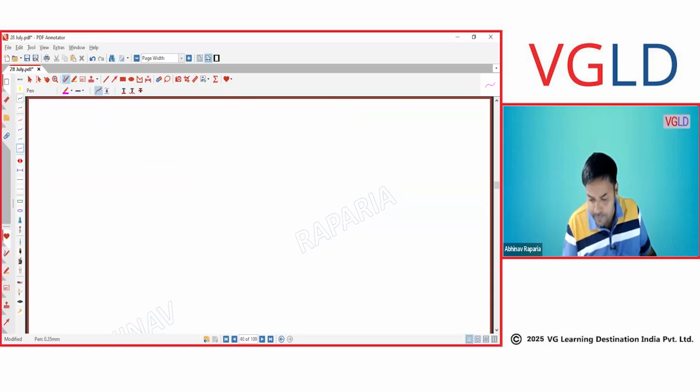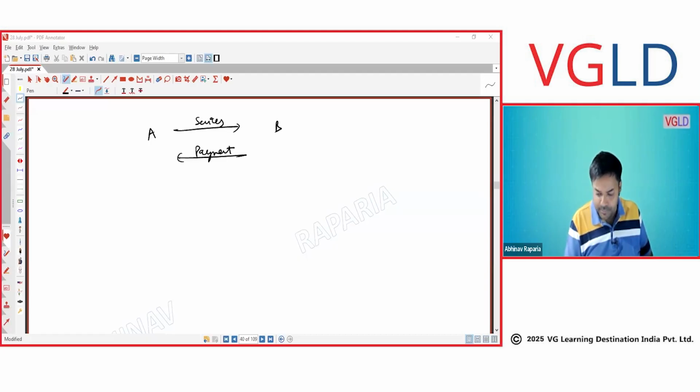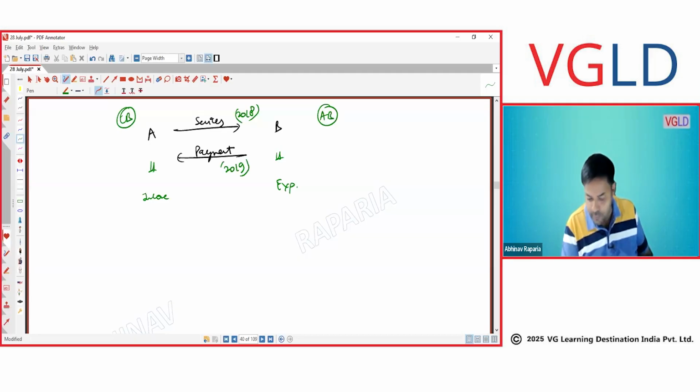Let's say A is providing the services and B is making the payment for that. For whom is it the income, A or B? It is the income for A and obviously expenditure for B. If A is cash basis, B is accrual basis. Services provided in 2018, payment done in 2019. When will you book the income?